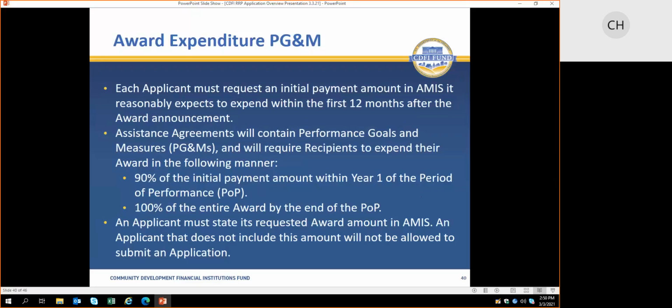You'll be required to expend at least 90% of the initial payment amount for an authorized activity in an eligible market and/or an approved target market within year 1 of the period of performance, and 100% of the award must be expended for one of those authorized activity categories in an eligible market or target market by the end of the period of performance.